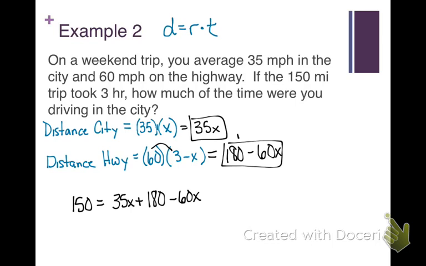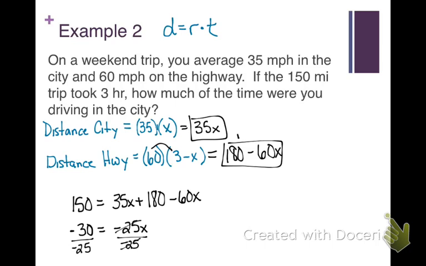I'm going to kill two birds with one stone, and I'm going to have 30 equals negative 25x. I just took 35 minus 60, and I moved that 180 over. So what's 30 divided by negative, excuse me, it should be a negative 30, my fault. Divide by a negative 25.